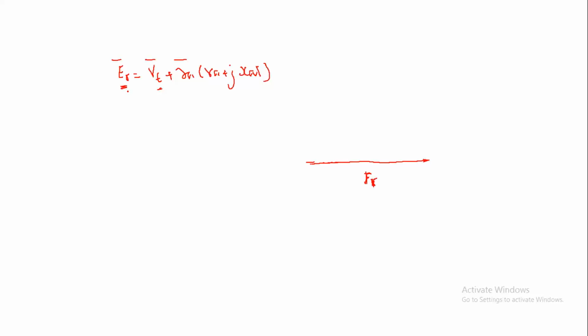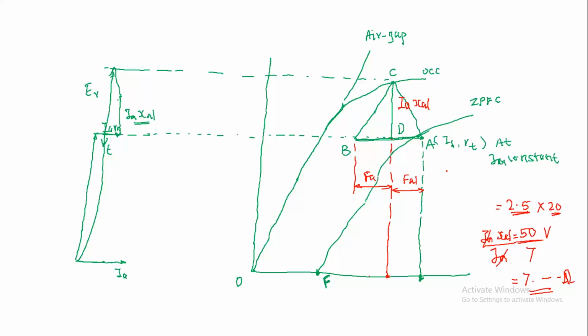For example, you got ER as 300 volt. Corresponding to 300 volt, you note what is the FR from the OCC.